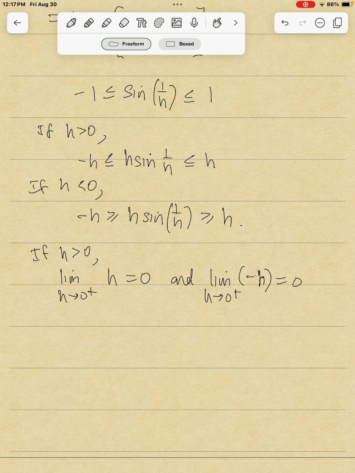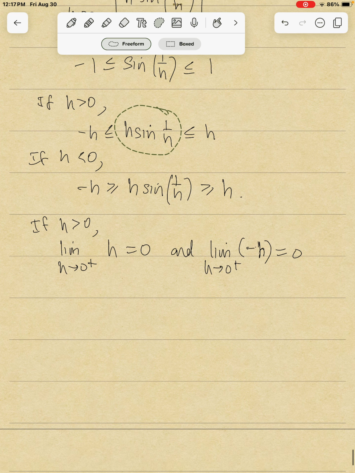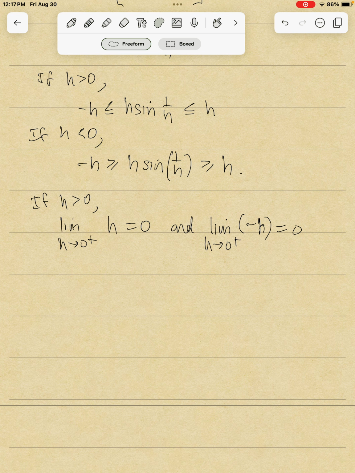I'm taking the limit from the right of each of these and showing that they're the same. Therefore, the limit from the right of the middle must be 0.